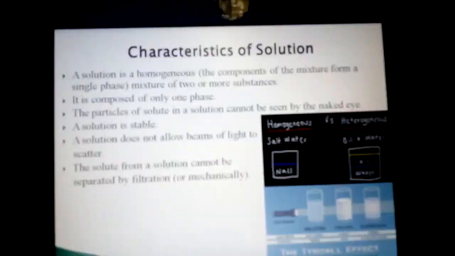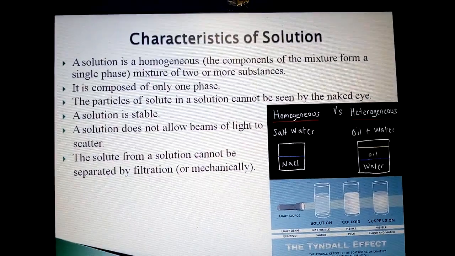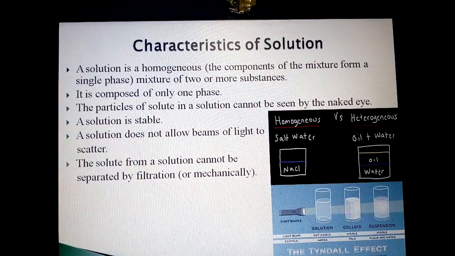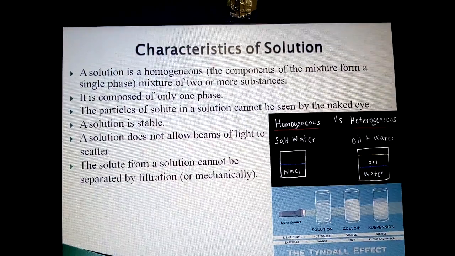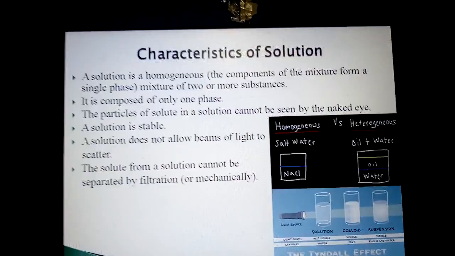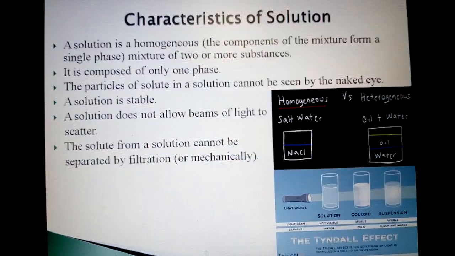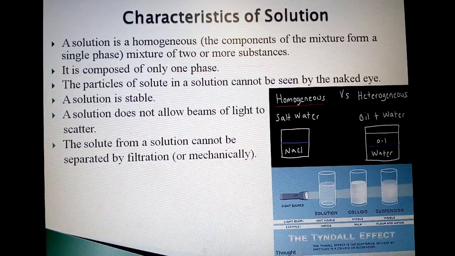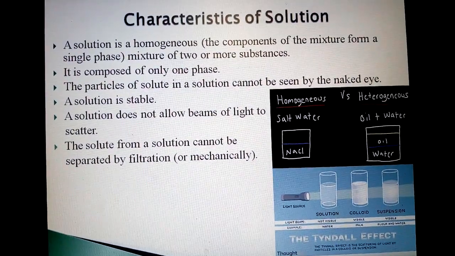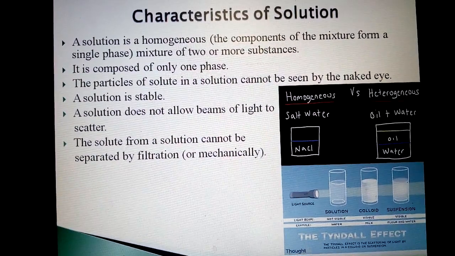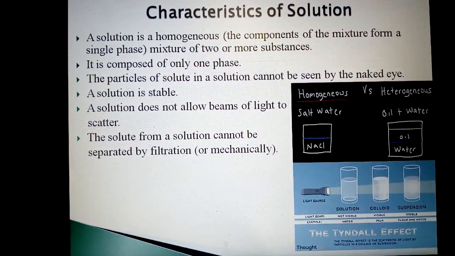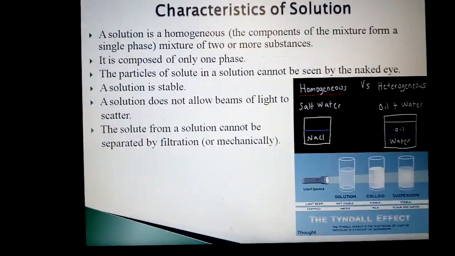So it's up to the solution process whether we take two solvents and one solute, or two solutes and one solvent. But they are completely miscible, or they form a homogeneous mixture. The second thing is that it is composed of only one phase.